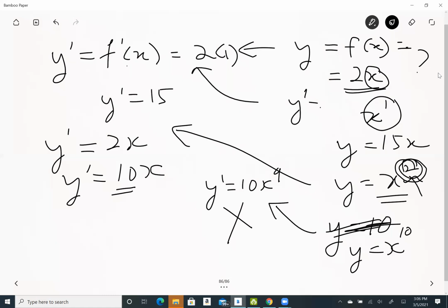So say y equal to 5x squared. If I have 5x squared, then I take y prime, you bring down the power, 5 times 2, which is 10, and then x. So you got 10x. So that's how you find the function. Okay. All right. Good. One more example.